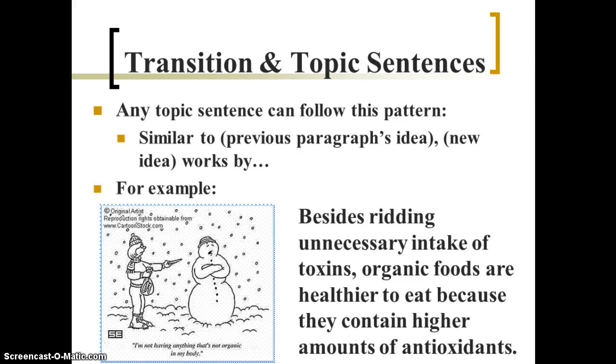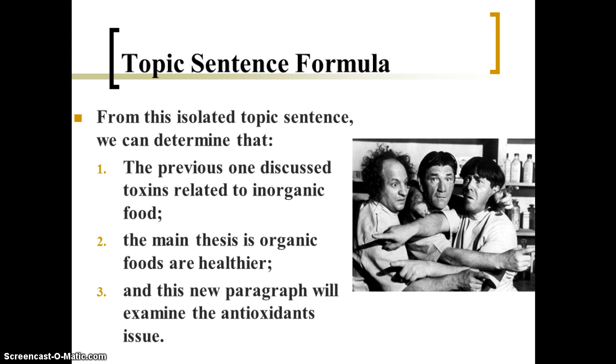So the previous paragraph talked about the intake of toxins. The thesis itself is something about organic foods are healthier to eat. And then this new paragraph will talk about the higher amounts of antioxidants. So we have this clear three-point structure, right? And so every topic sentence should follow this way: the connecting point from a previous paragraph, a connecting point or some sort of echo to the thesis, and then the new idea that you will try to prove.